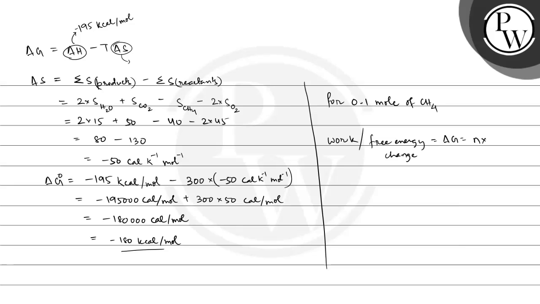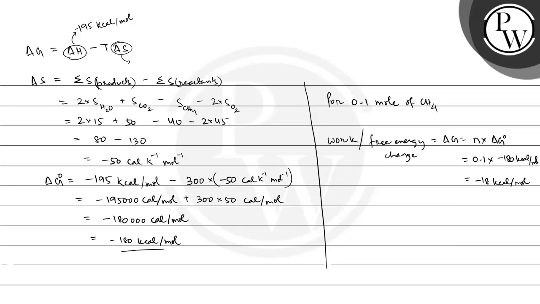So n multiplied by delta G naught, that is 0.1 multiplied by minus 180 kilocalorie per mole. So this will be equal to minus 18 kilocalorie.